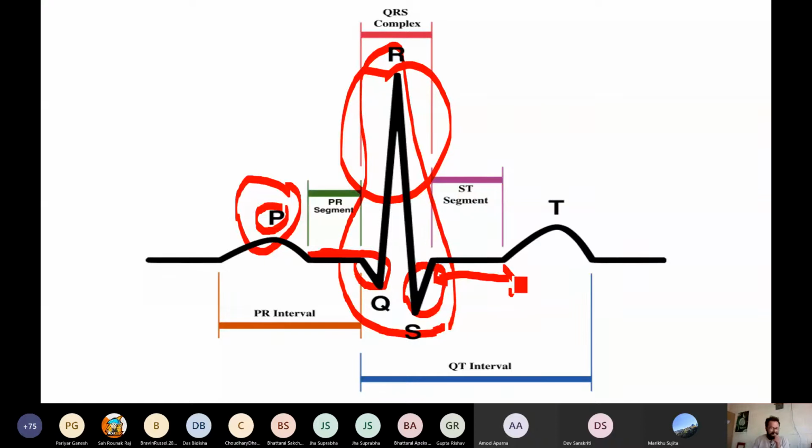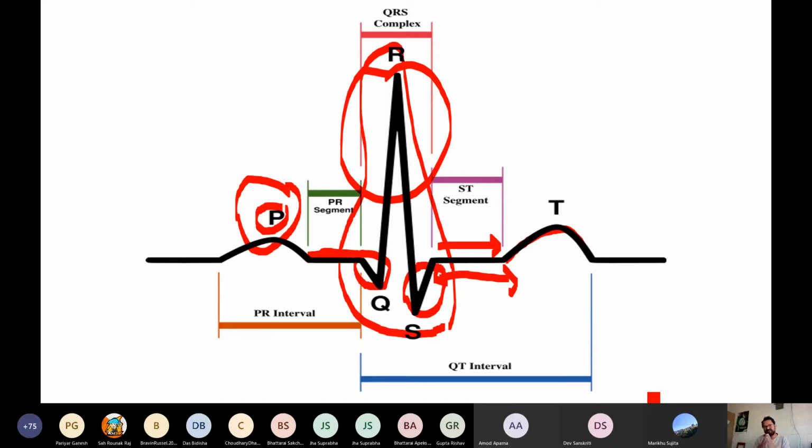Okay, I'll get to that. So after this QRS complex, which is all about contraction of the ventricles, and then after this small pause, this T is elevated, which is repolarization of the heart. Okay, next time the heart needs to contract, which will be depolarized.